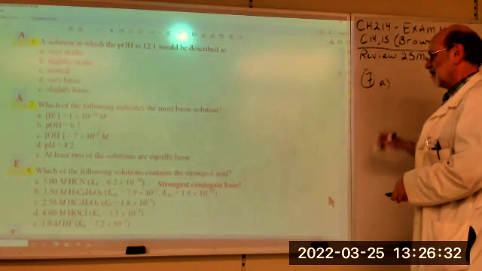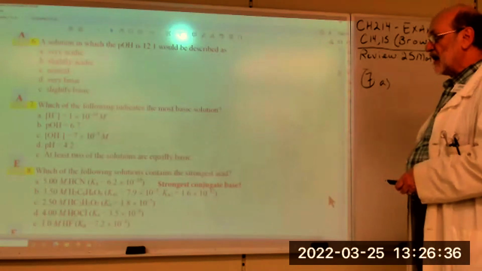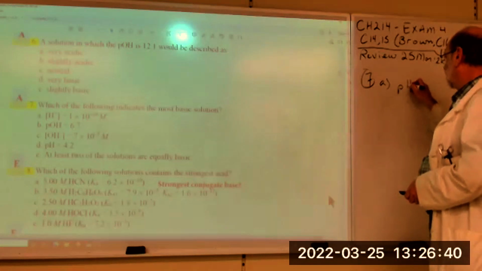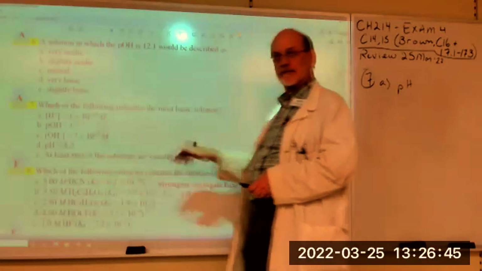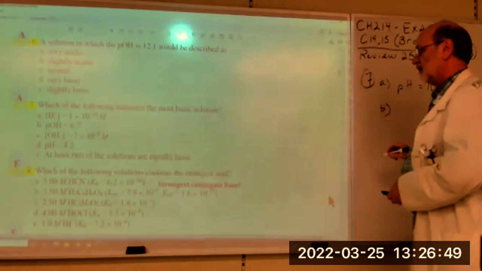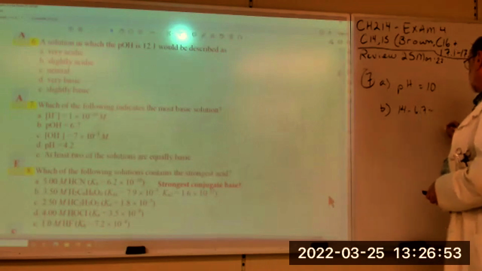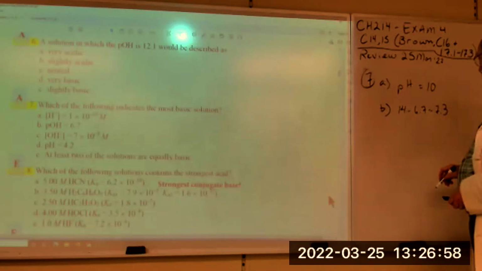So for A, I would go for calculating the pH. The negative log of this number would be 10. How about B? pOH is 6.7, so it's 14 minus 6.7, which is equal to 7.3 pH.